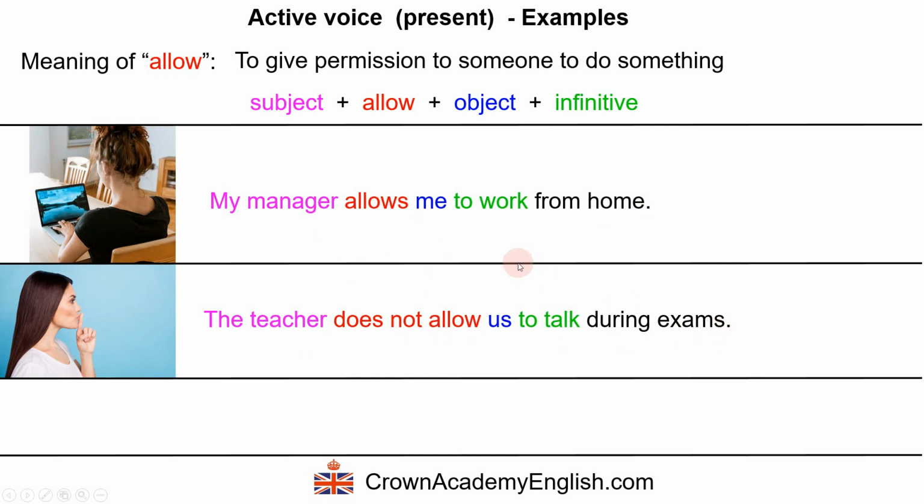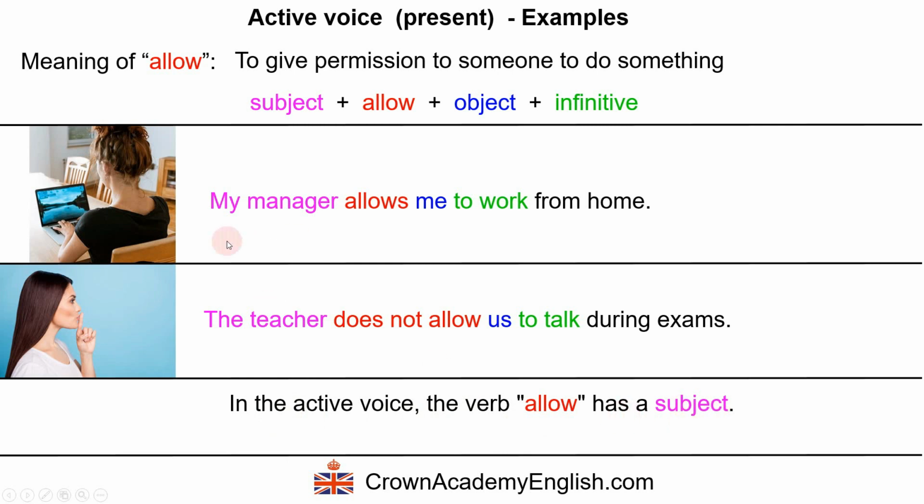Now here's the important bit. This is very important. In the active voice, the verb allow has a subject, and it's in pink. So we have a subject here, and this is a characteristic of the active voice. So we have a main verb, and the verb has a subject.